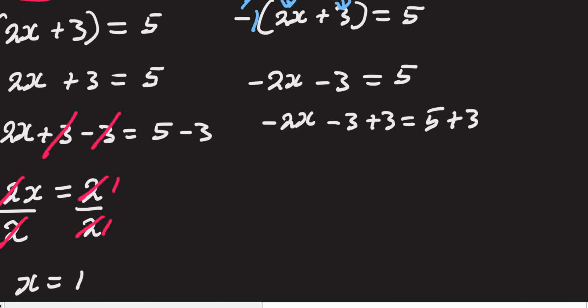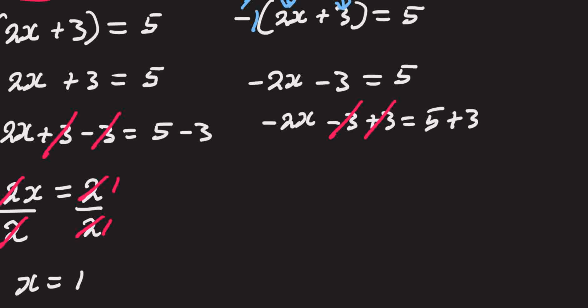So negative 3 plus 3 is 0. Cancel this from here. And negative 2x is equal to 5 plus 3, and that is 8. So divide both sides by negative 2.